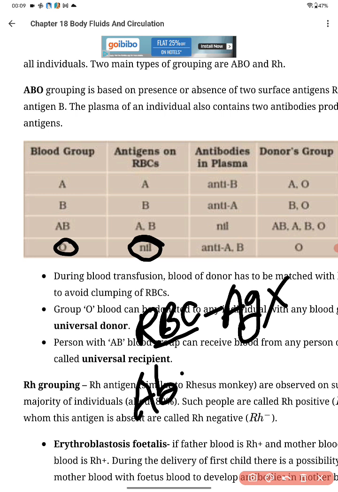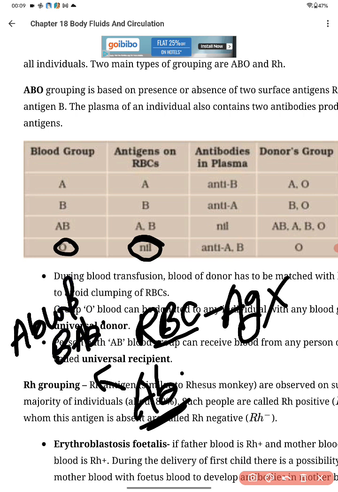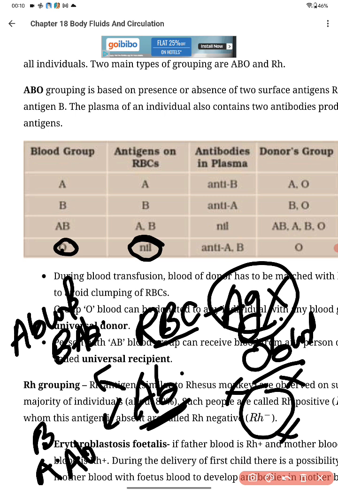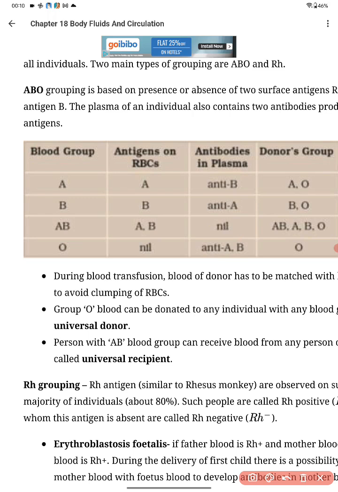Irrespective of the antibodies he has, if he is A blood group he will have B antibodies, and if he is B blood group he will have A antibodies. But for O blood group, there is no antigen on the RBC, so these antibodies will not destroy anything. That's why O blood group is the universal donor.